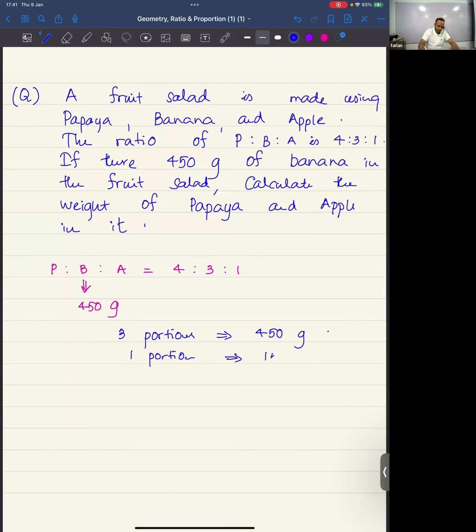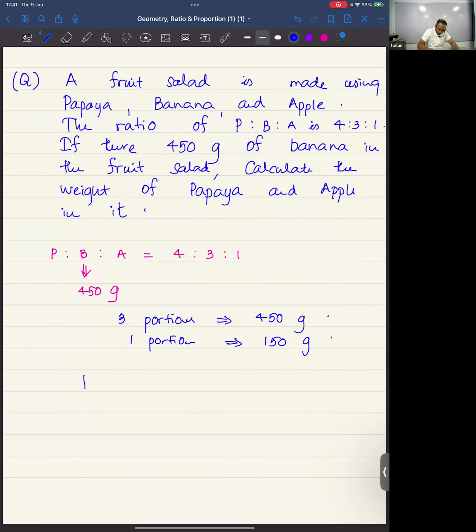450 divided by 3, which will be 150 grams. So now, if you look at the amount of papaya, how many portions is there? 4 portions, right? So 4 portions will be 4 into 150, 600 grams. Then the amount of apple will be 1 portion. So 1 portion is 150. So 1 into 150 will be 150 grams.